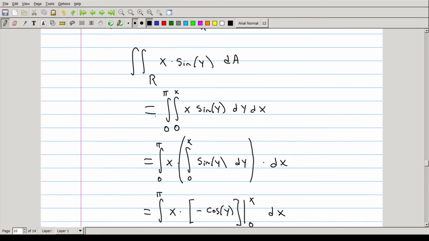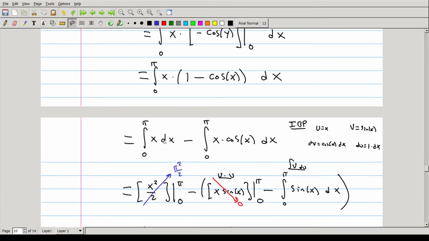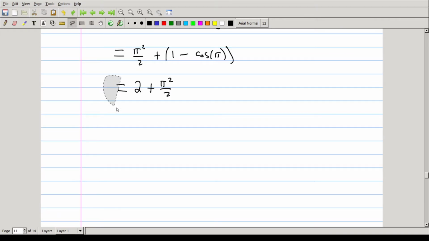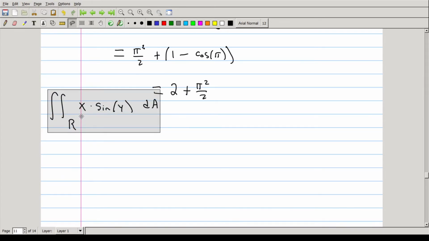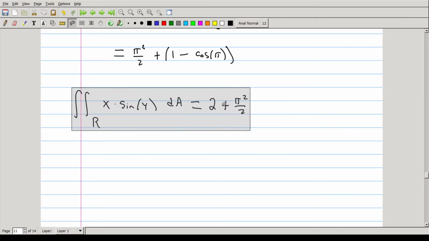This is the value of this double integral, which is the accumulation of the function x times sine of x, or x times sine of y, over this triangular region. So this is pretty neat.